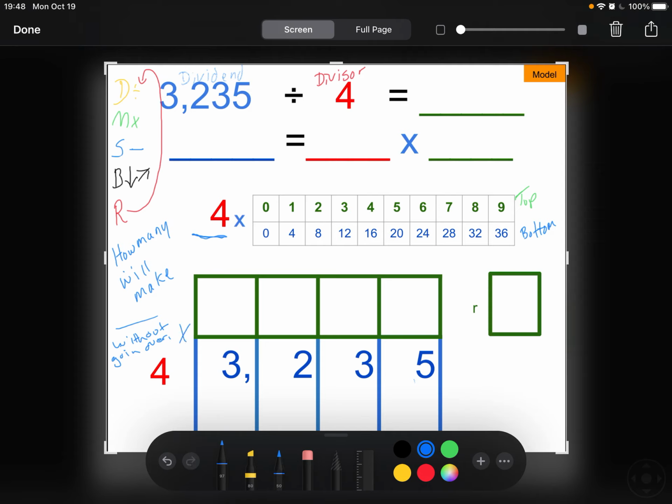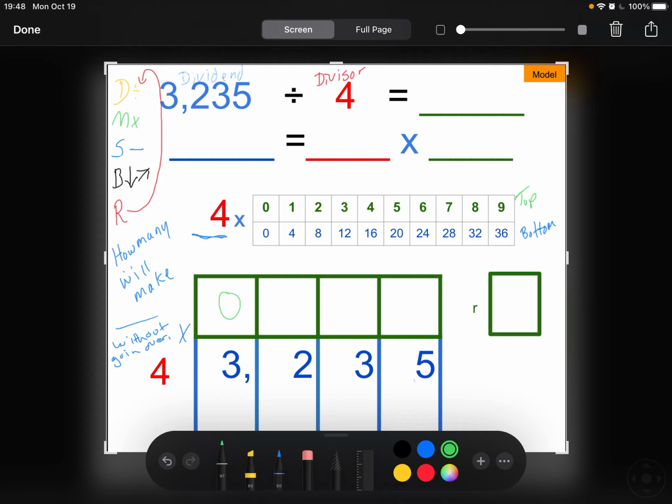Okay. As we look at our multiplication chart, we can see 4 times 0 is 0, and 4 times 1 is too much because I already went over. So I can only use 4 times 0. 4 times 0 is the only option that I'm able to use. 4 times 0 equals 0.